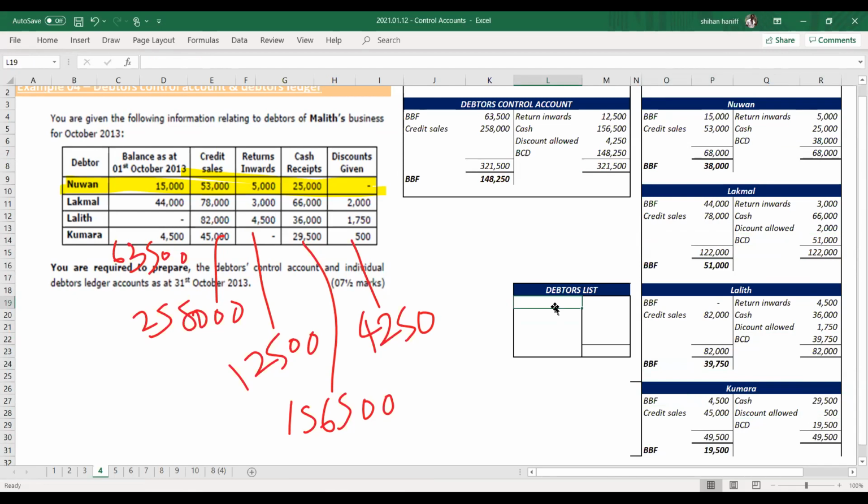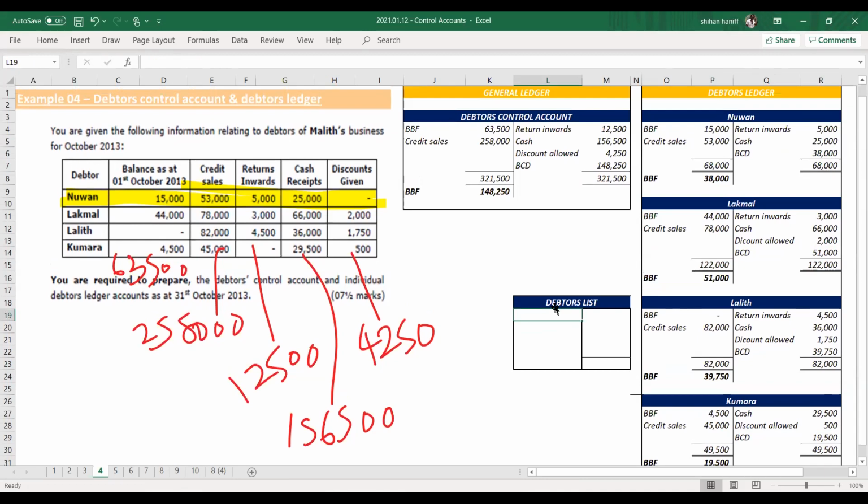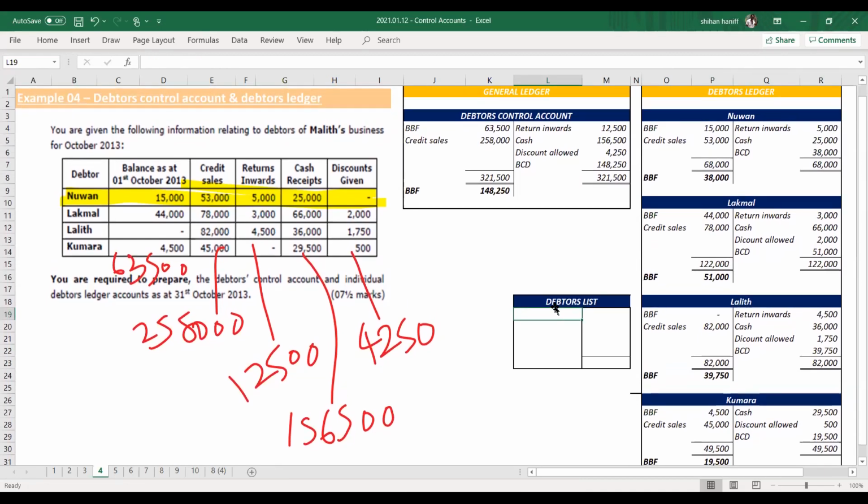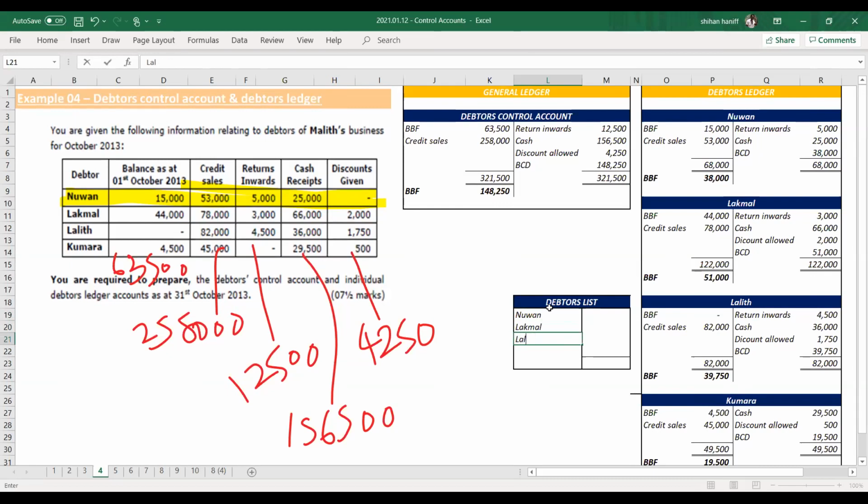So once you are done with the individual accounts, right, we prepare a debtors list in the debtors ledger. One, Rakmal, Lalit, and Kumara. We take the closing balances of each individual debtor.